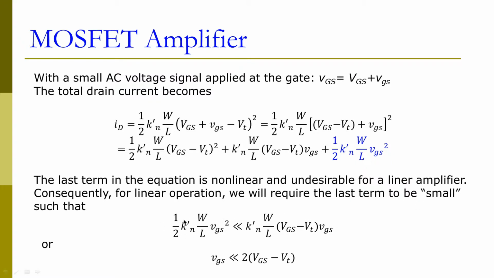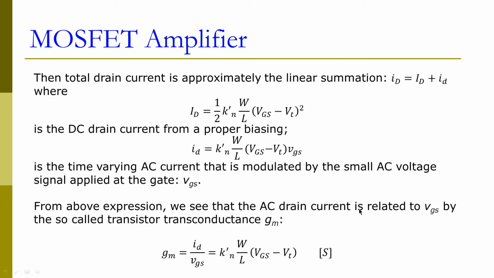When this last term is much smaller than the second linear term, or when vgs is much less than 2 times the overdrive voltage, we can ignore the last nonlinear term. We only reserve the linear term in the equation.